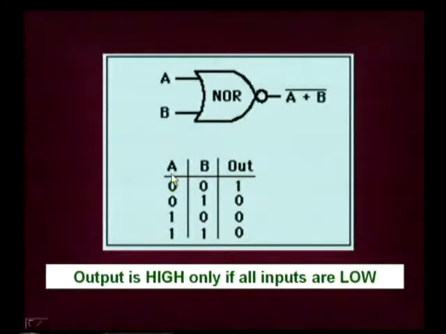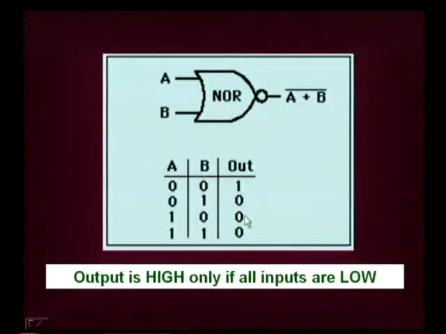The truth table for NOR gate is given here. The output should be a complement of the OR gate output. As you remember, the OR gate output will be low if and only if all inputs are low. On the contrary, in a NOR gate, the output will be high if and only if all inputs are low.